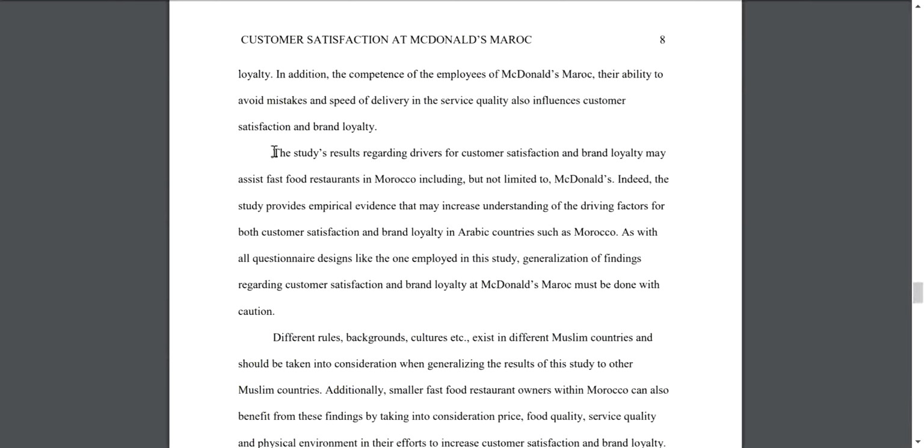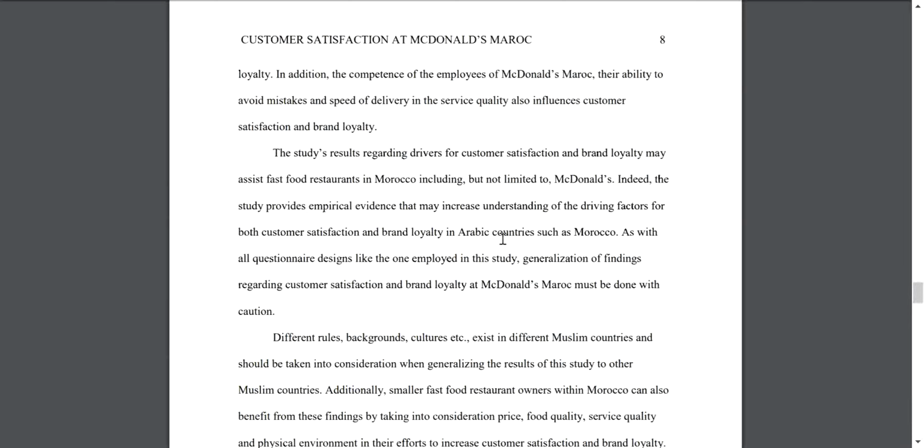So then we can look and say, well, what do we learn from that? Okay, the study's results, as we see here, regarding the drivers of customer satisfaction and brand loyalty, price, service quality, food quality, physical environment, may assist fast food restaurants in Morocco, including but not limited to McDonald's. Indeed, the study provides empirical evidence that may increase understanding of the driving factors for both customer satisfaction and brand loyalty in Arabic countries such as Morocco.